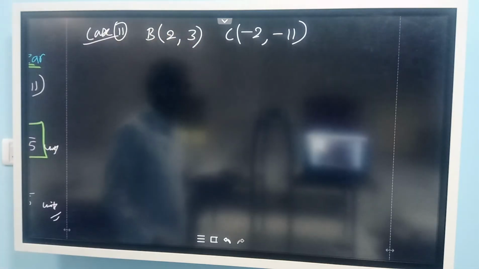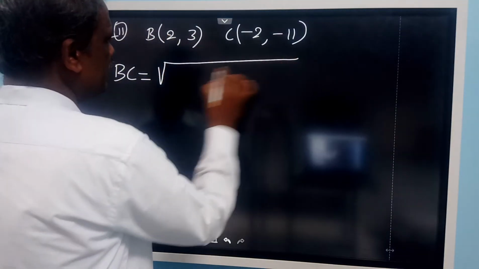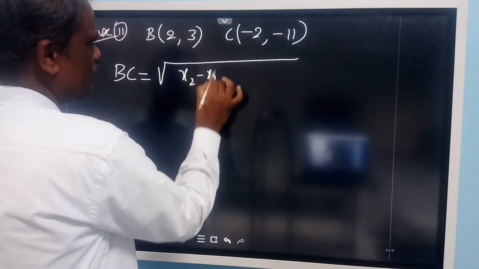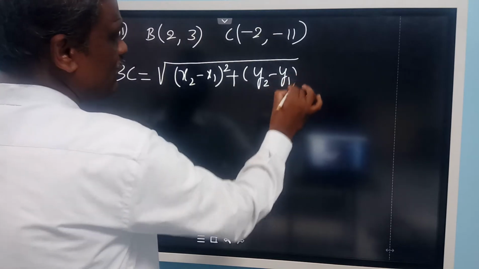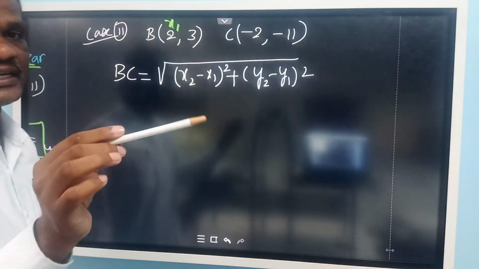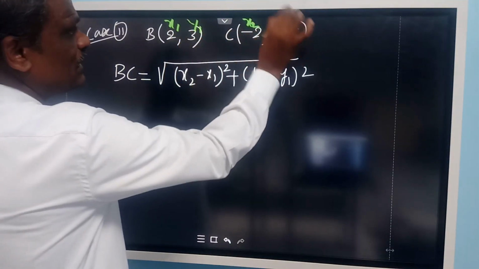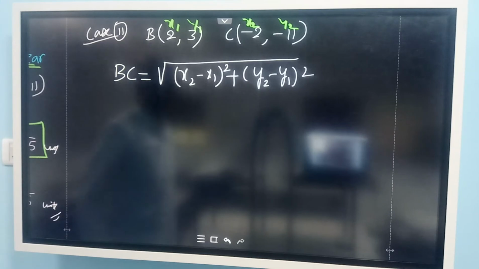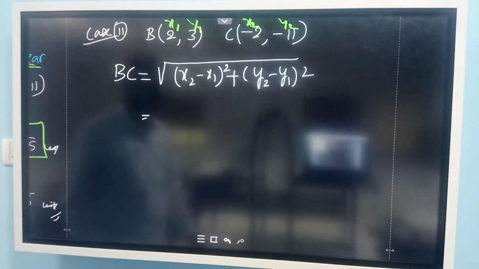Then apply the distance formula: BC is equal to root of (x2 minus x1) whole square plus (y2 minus y1) whole square. Note down x1, y1, x2, y2 like this so there will be less confusion and you can avoid mistakes.